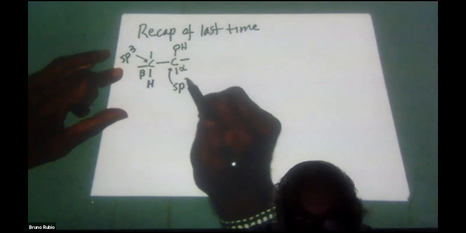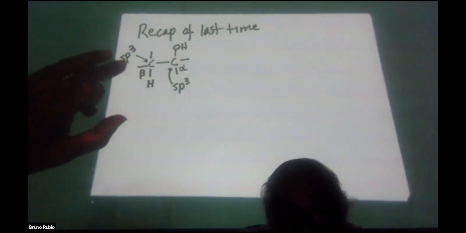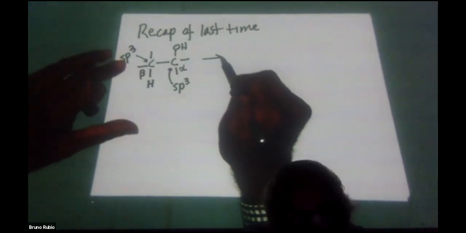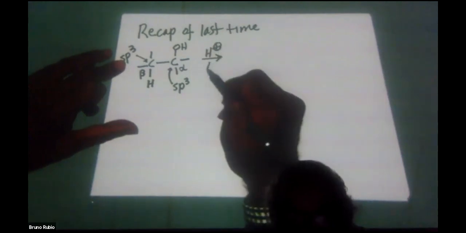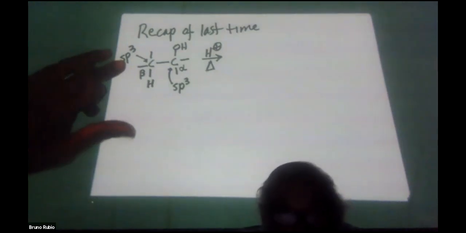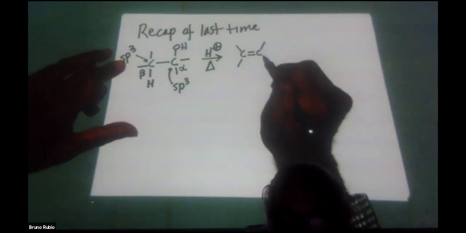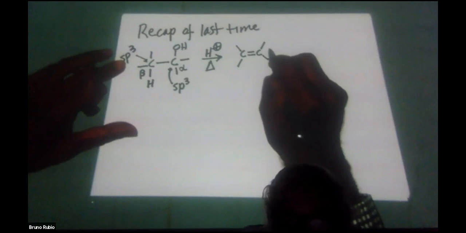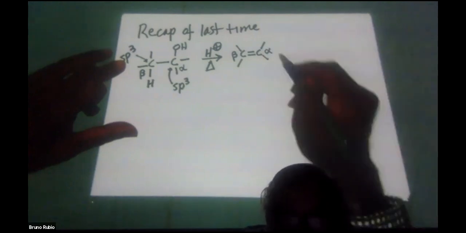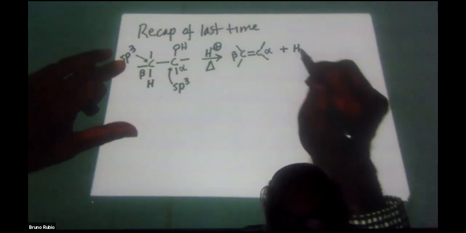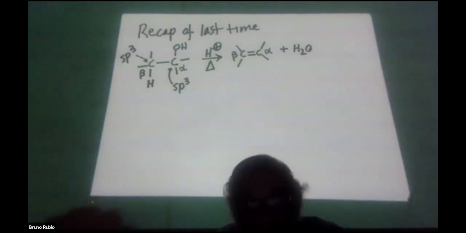So it's not just any alcohol next to any other carbon atom. So it has to have these hybridization states. And we talked about how when the alcohol reacts with acid and heat, that little triangle, that's a symbol for heat, this results in the dehydration of the alcohol, in which there's now a new double bond between what used to be the alpha carbon and the beta carbon. And the other product of this reaction is water. This is a dehydration of an alcohol.